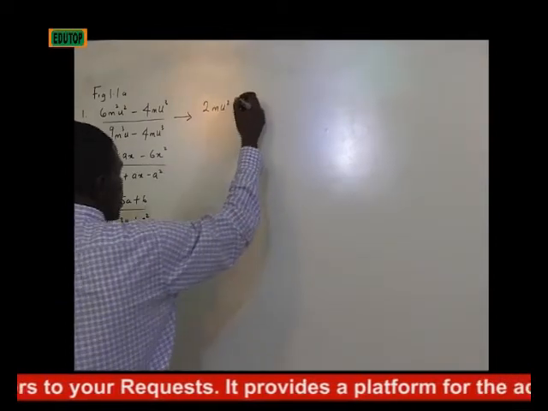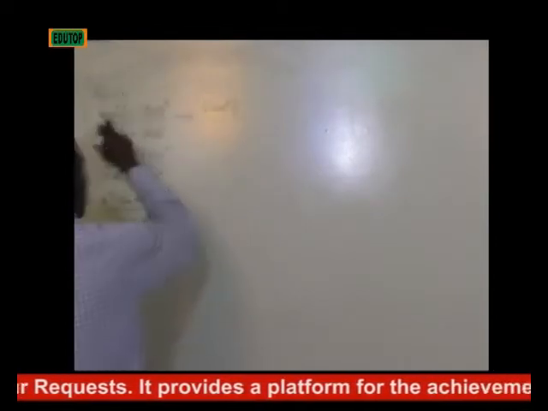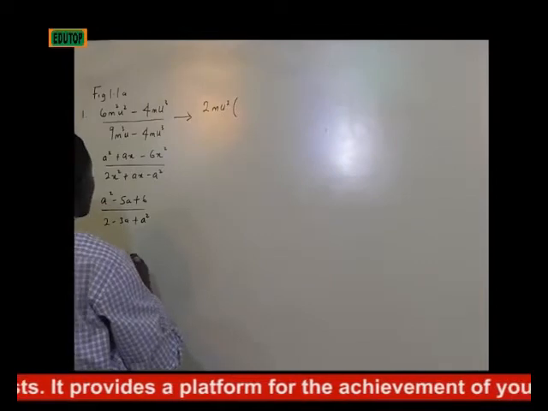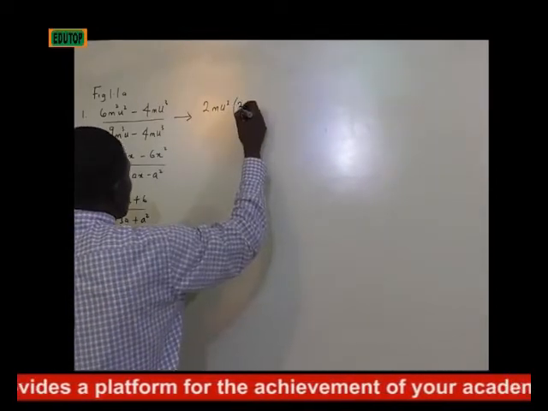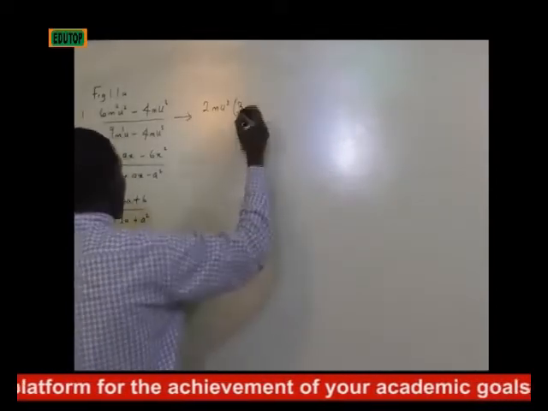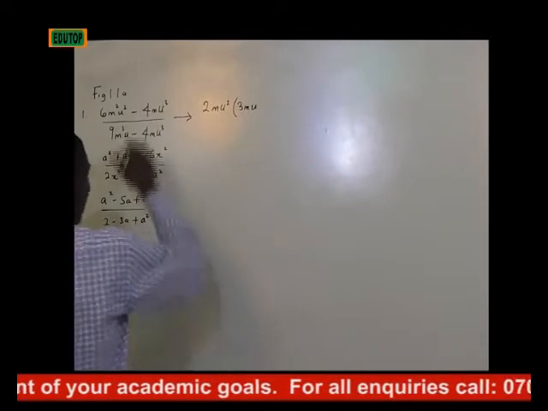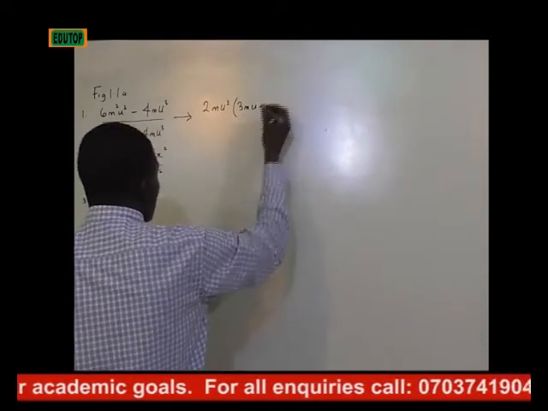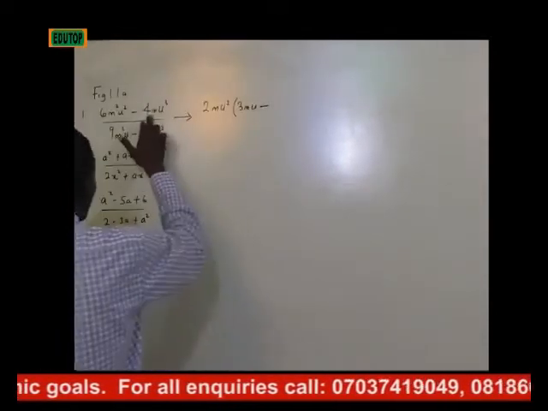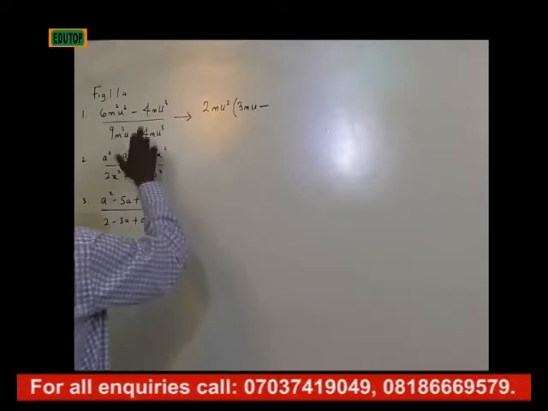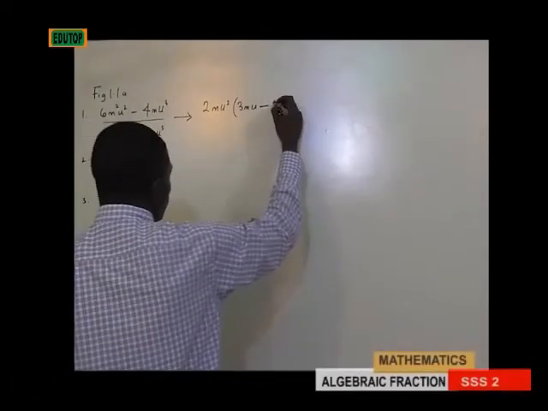And by so doing, I'll have 2m u square from this. Then I'll be left with 3m u. Then on this other side, when you have a minus, if I factorize 2 from here, I'll be left with 2.